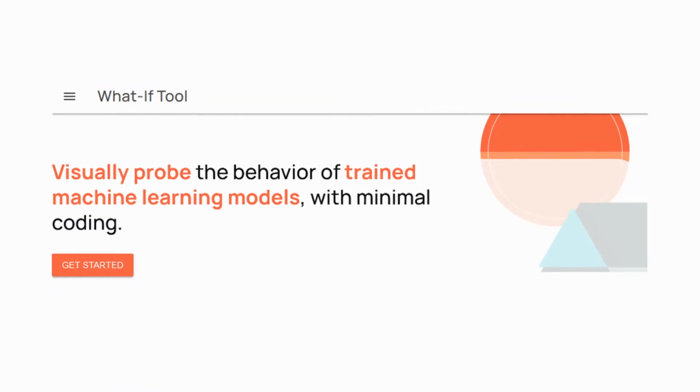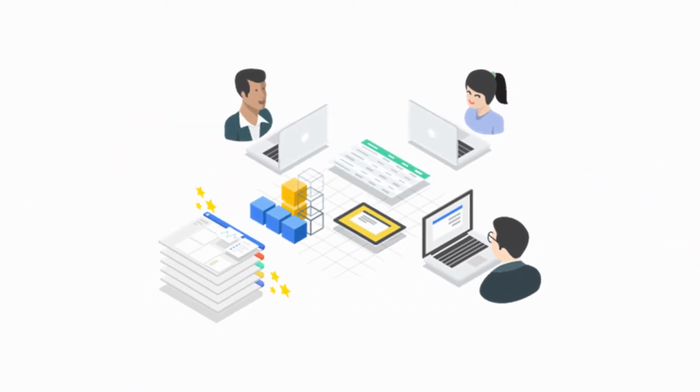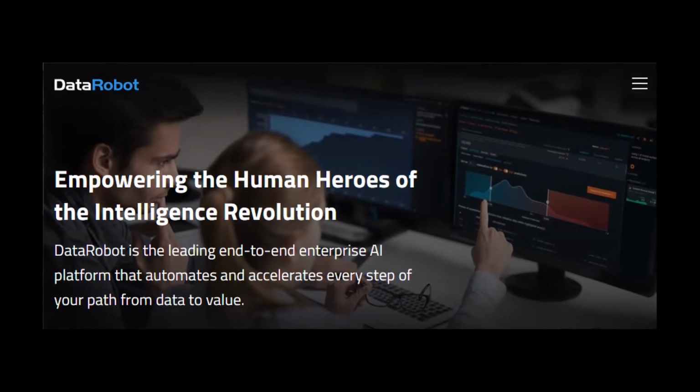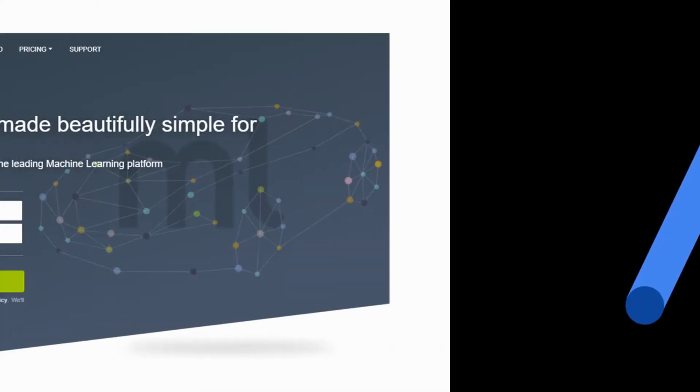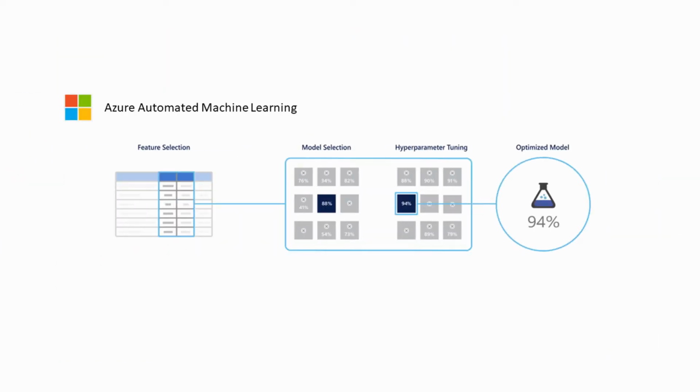And there is the What-If Tool too. There is the Google AI Platform. Google is also having this idea of trying to allow developers not to write much code and just use their services. There is DataRobot, there is ML Kit from Google, there is BigML, and there is Azure Automated Machine Learning from Microsoft.